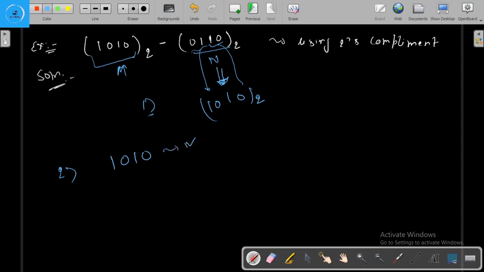This is the first step, and our second step is to write 1 0 1 0.